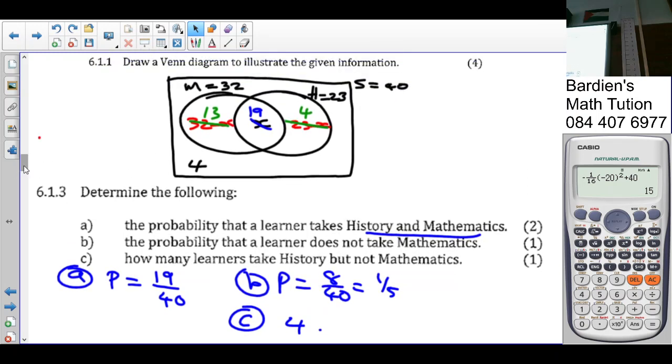How come A is 2 marks? Because it's 19 out of 40 and the probability calculation is 1. There's 2 marks. Do you think there's too many marks for that sum? No, fine. Why do you ask that question?